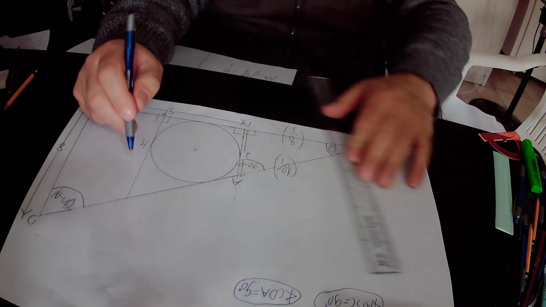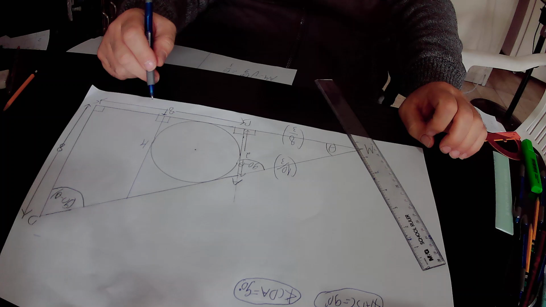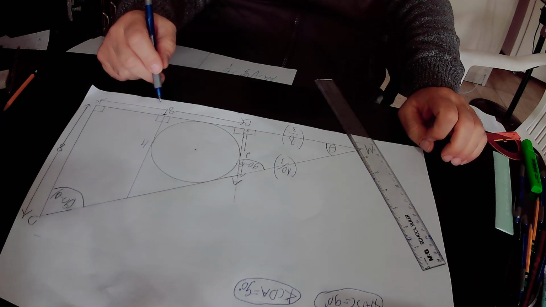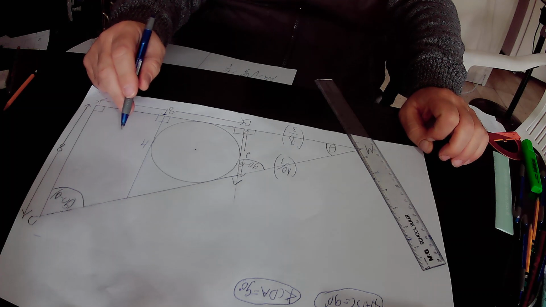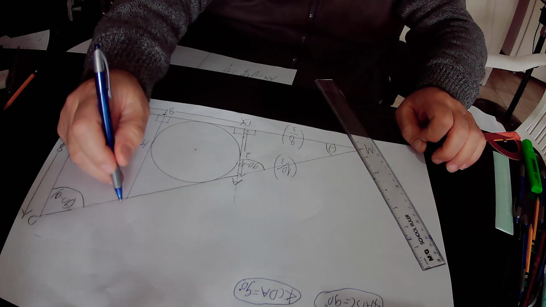We will define the touching point of the extended perpendicular TK with side AD as point S.